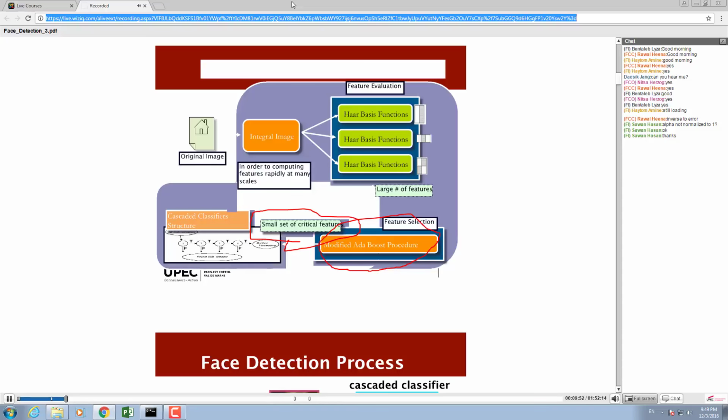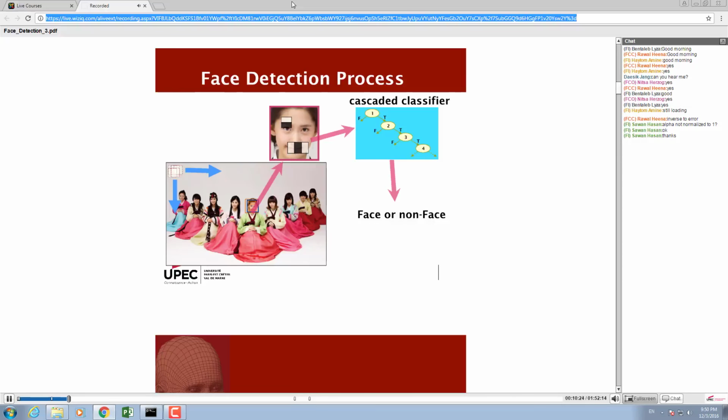So in that sense, we can say it is a small set of critical features. These are the results of the strong classifier from AdaBoost, and then based on these 2,000 selected features, we are doing cascaded classification. In other words, we are generating the cascaded classifier structure. Today we'll study how to do this.